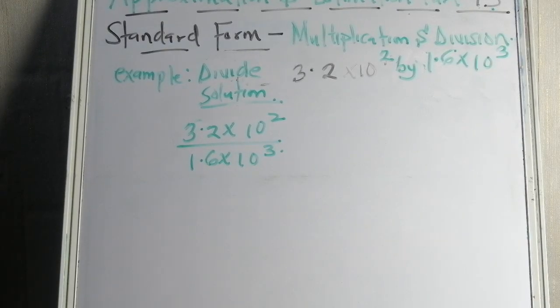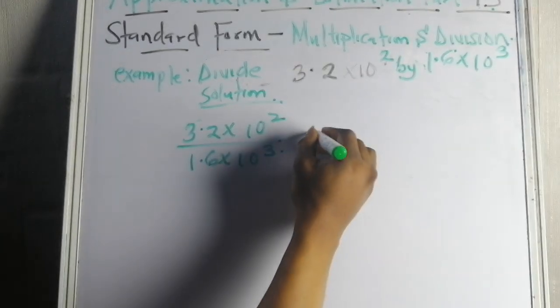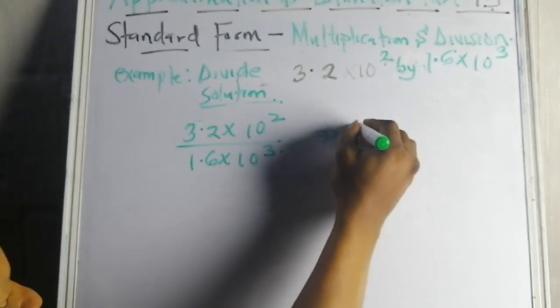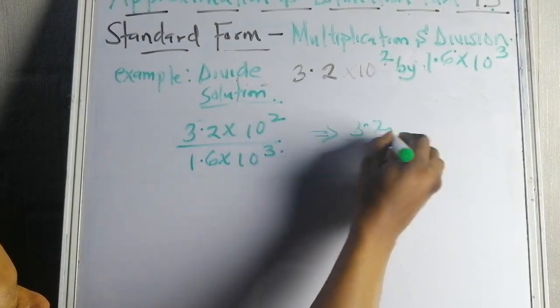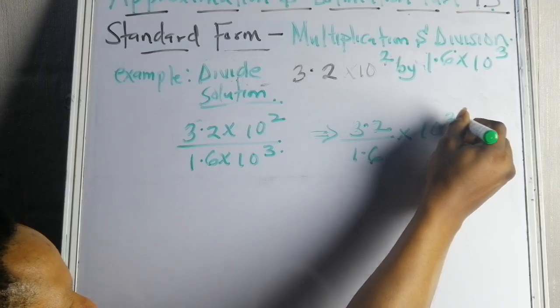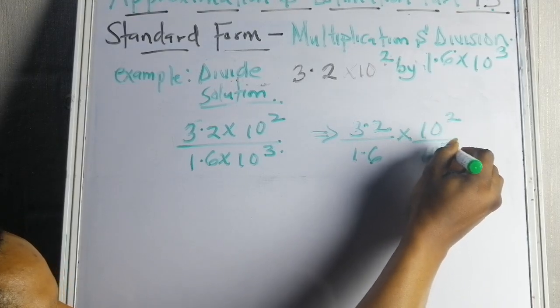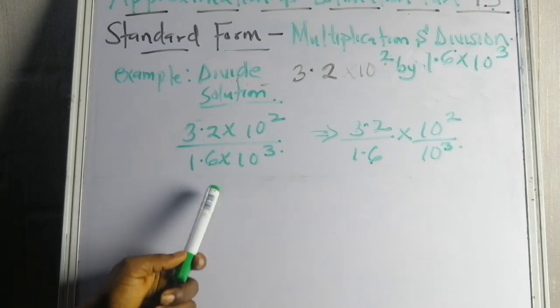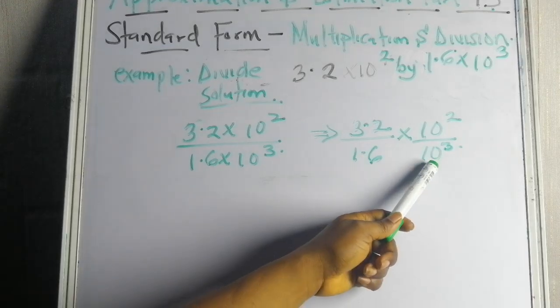You see it now. Okay, so this implies that you can have 3.2 over 1.6 times 10 raised to power 2, 10 raised to power 3. It's still the same thing. I'm just trying to split it because it's multiplication. Now, law of indices.